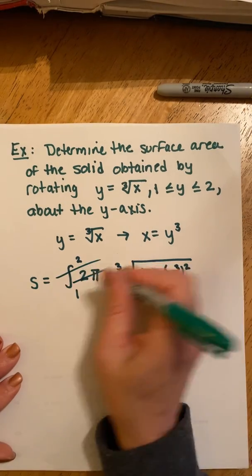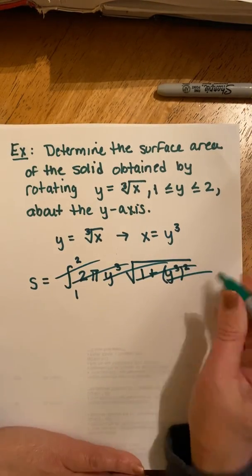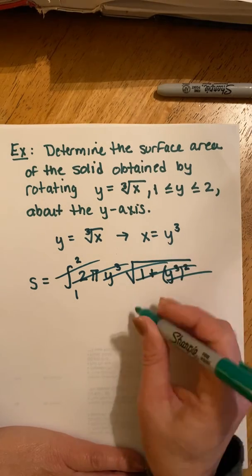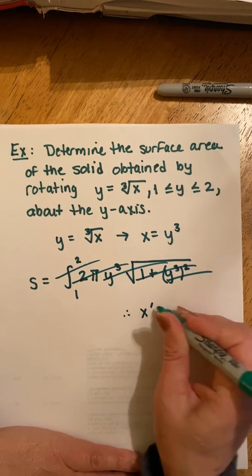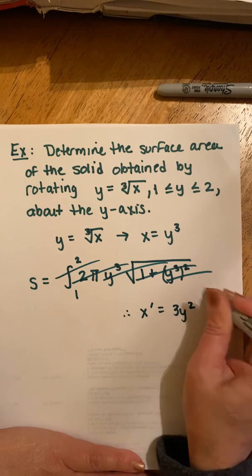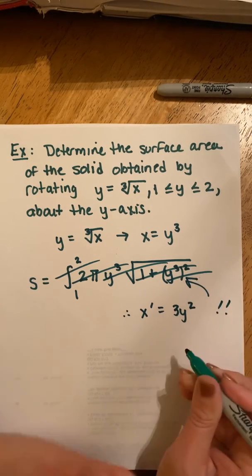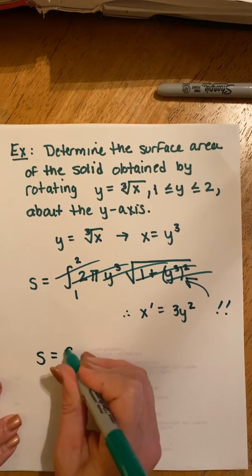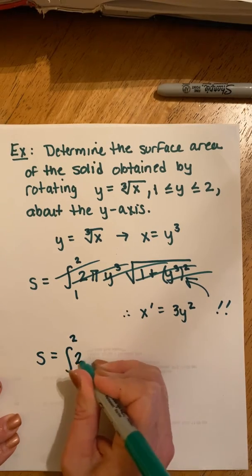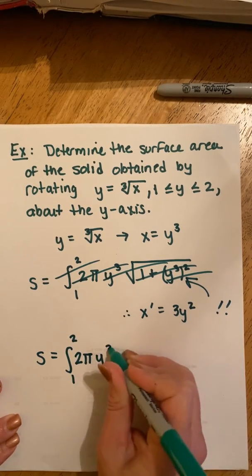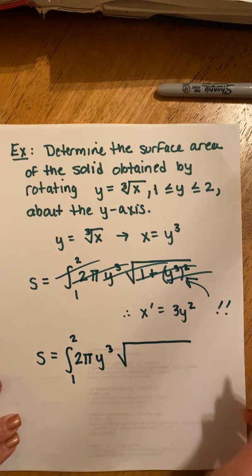Did you see what I forgot to do? H of y is y cubed, so therefore the derivative is 3y squared, and that's what needs to go there. Don't make that mistake. So let's rewrite this. The surface area is going to be 1 to 2 pi y cubed. Don't forget to take the derivative.